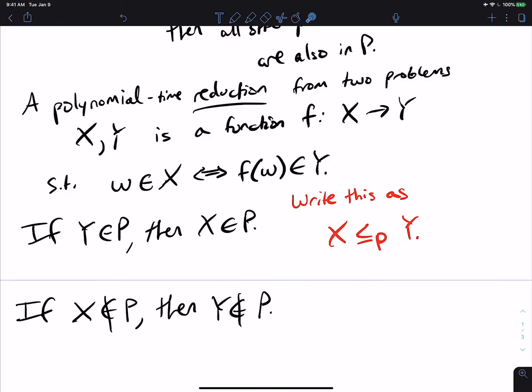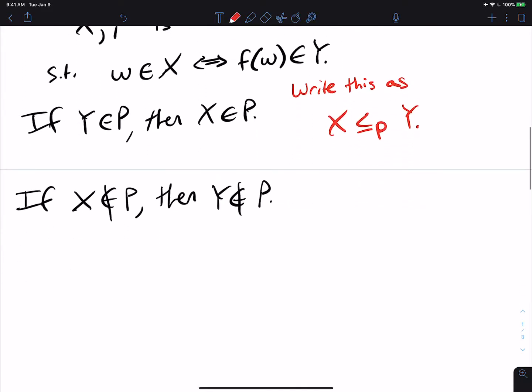Okay, so a few more definitions. I'm going to write the definition here.